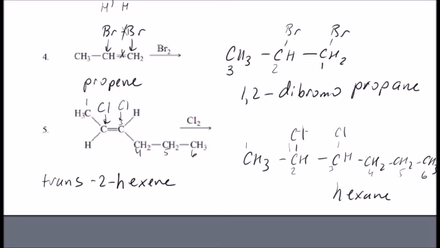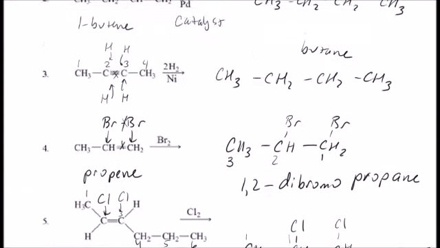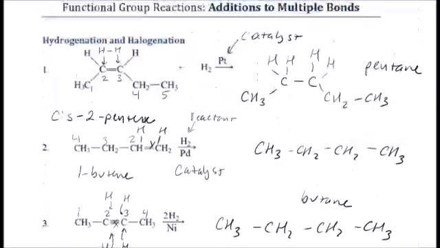And now the name. We have 2 chlorines, dichloro, and they are on 2 and 3, 2,3-dichlorohexane.